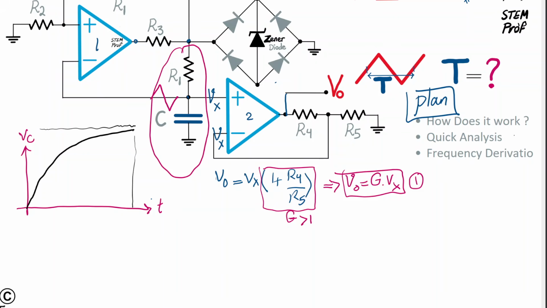We don't want to use the charging process of the RC for the whole range. We want to stick to the linear region. So in the linear region of the capacitor charging, if we can limit ourselves to that process, then maybe we can mimic the rise in the triangular waveform.